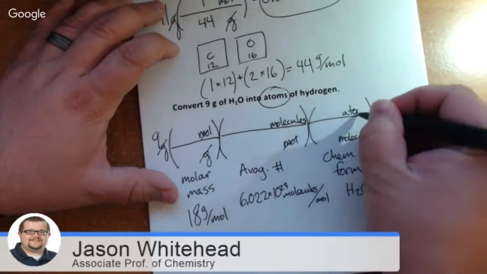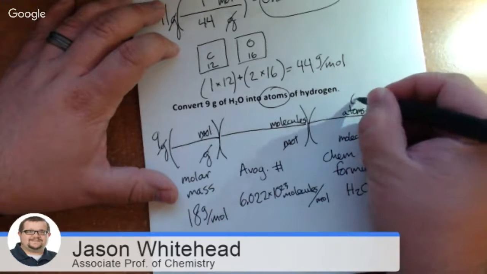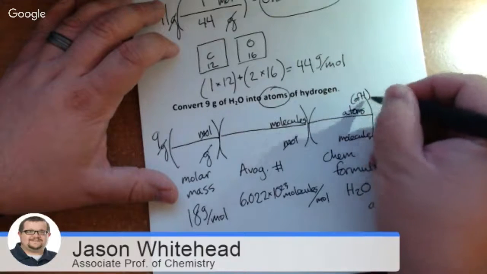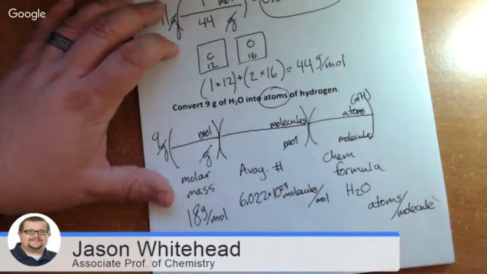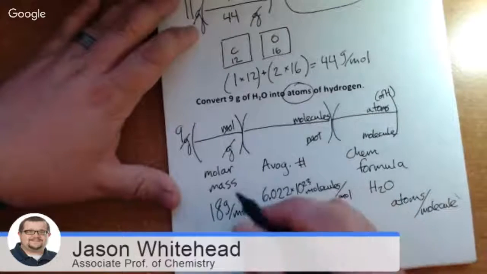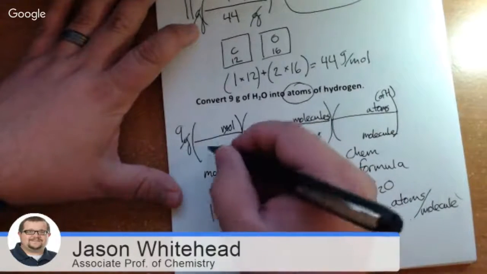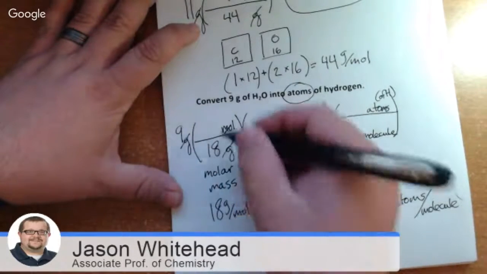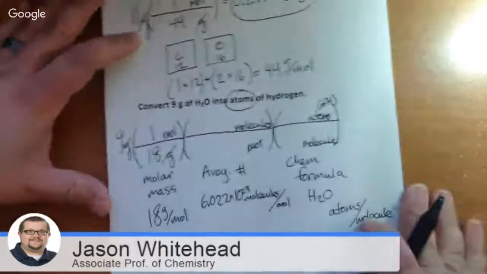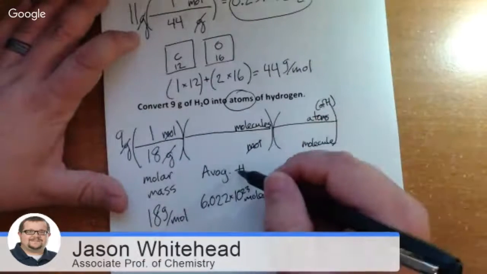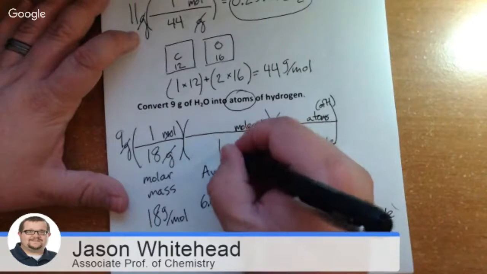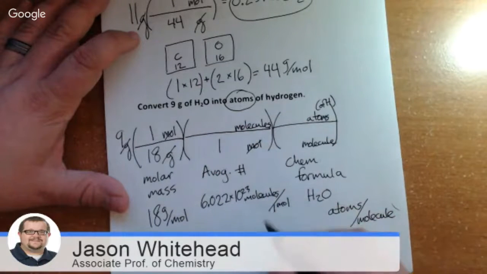I'm going to put atoms, and really, this is atoms of H in the top. So let's start filling in numbers. My molar mass was 18 grams for every 1 mole. My Avogadro's number, for every 1 mole, I had 6.022 times 10 to the 23rd molecules.